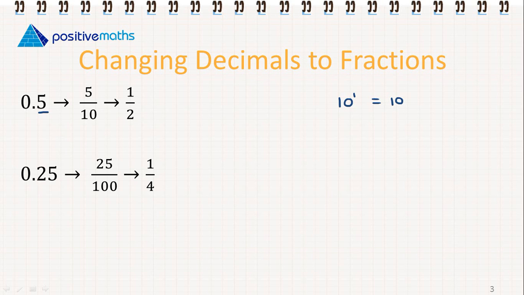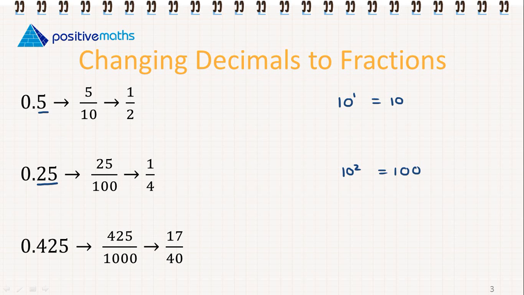Our next example, 0.25. We notice here we have two decimal places. So we put 25 over 10 to the power of 2, which is 100. Again, when we simplify it down, 25 over 100 will go to 1 over 4.